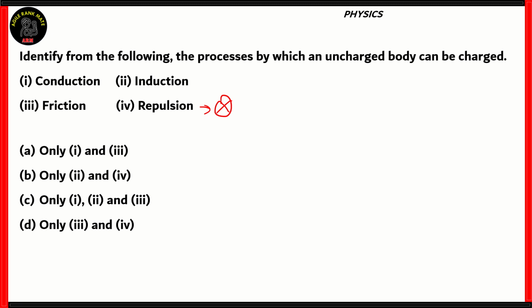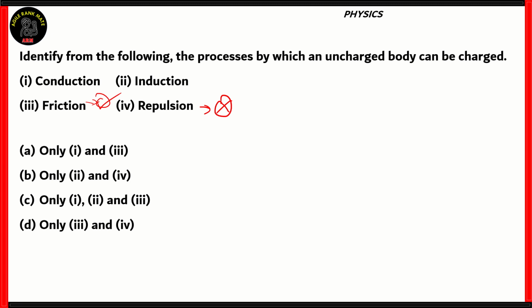One of them cannot be an uncharged body, so option 4 is incorrect. Number 3, friction, is correct because if one charged body is rubbed against another uncharged body, the charges will move and the uncharged body will get a charge.